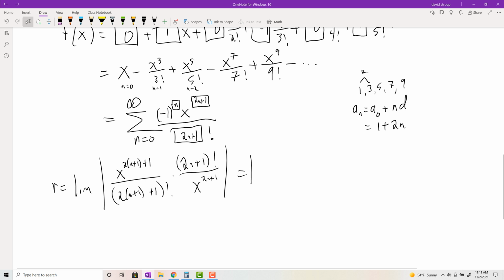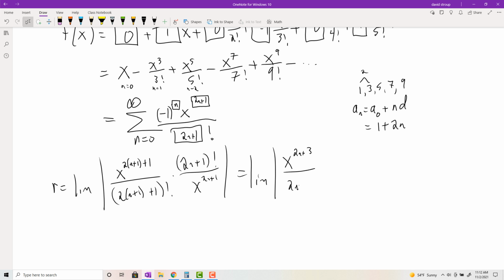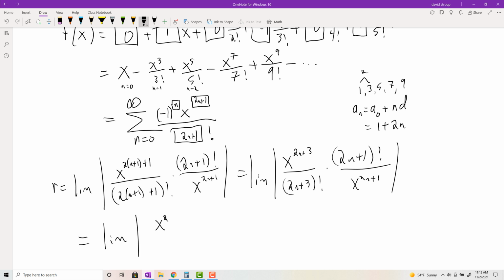So that will equal the limit as n goes to infinity of x to the 2n plus 3, since 2n plus 2 plus 1 is 2n plus 3, over 2n plus 3 factorial times 2n plus 1 factorial all over x to the 2n plus 1. That will be the limit of the absolute value of x squared over 1 times 2n plus 1 factorial.